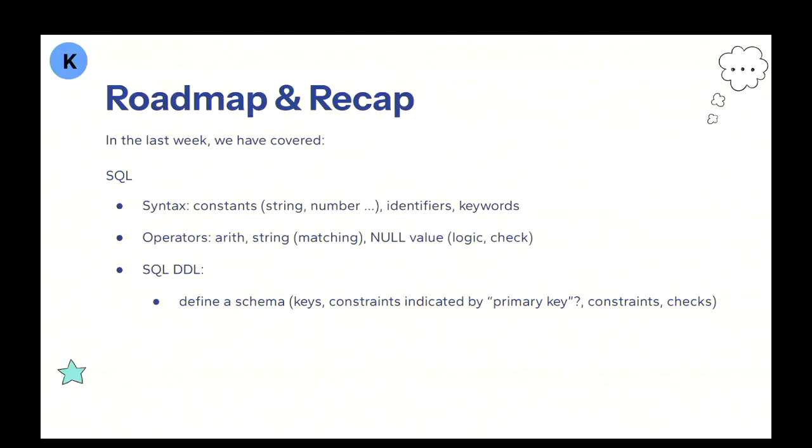Actually, primary key indicates two constraints. What are the two constraints indicated by primary key? Yes, unique and not null, which means that the value of the primary key should be unique within the entire column, and it shouldn't be null. So those are the constraints indicated by primary key.